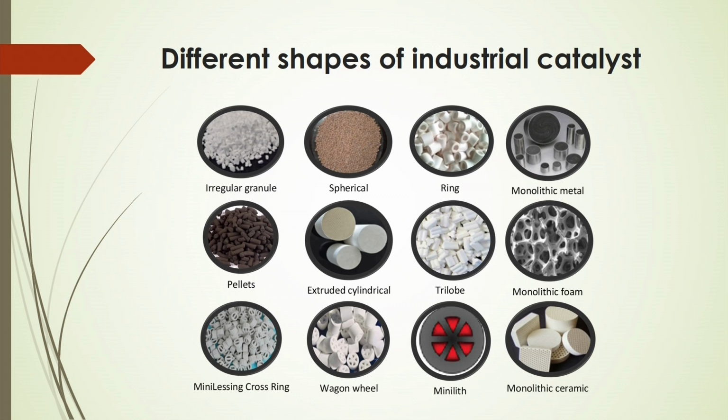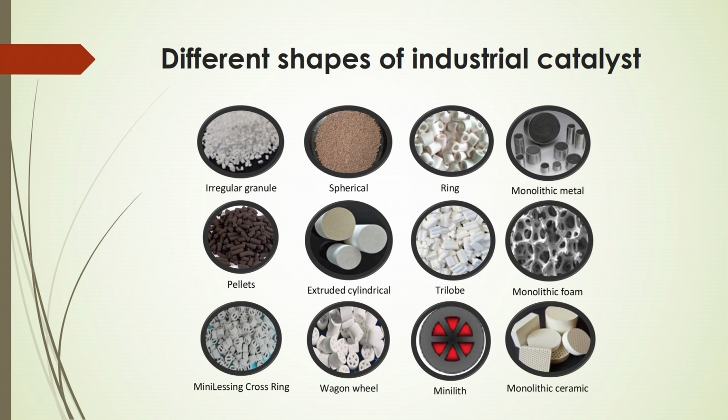Also ring type, where packed beds are used for chemical reactions in a packed bed condition with this ring type catalyst. Then pellets and other cylindrical shapes, tri-lobe shape, cross ring shape, even wagon wheel shape catalyst particles, and even monolith catalyst particles are shown in the slides here.